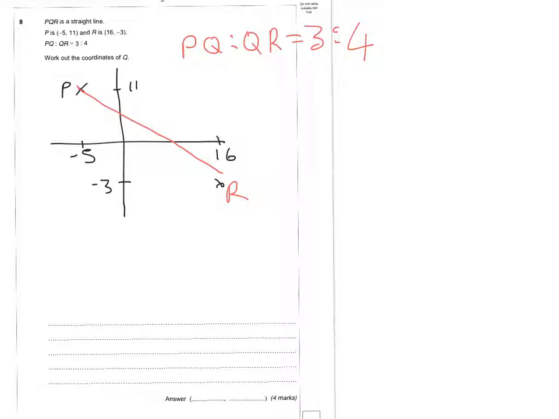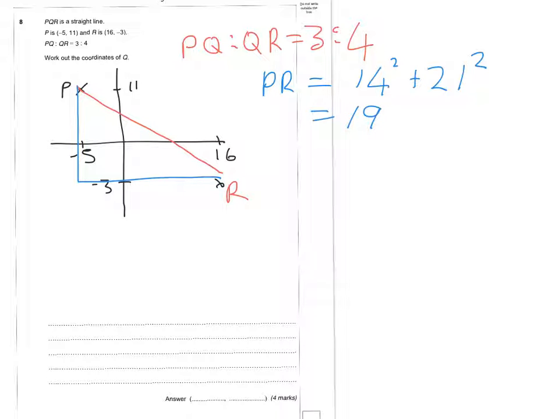PR is equal to the square root of 14 squared plus 21 squared, which from my calculator, 196 plus 441, I hope, which means that PR is equal to 25.2 to 3 SF.